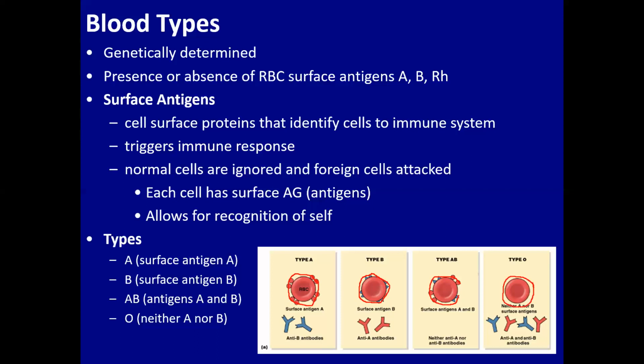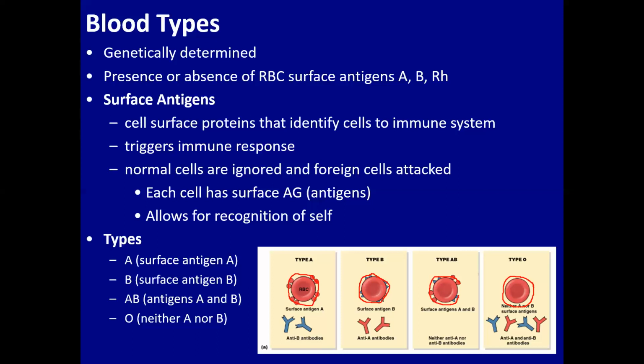All right. So these surface antigens allow for identification to occur so that your immune system can identify what type of surface antigen you have. And if you are exposed to a different type of cell that has a different type of antigen, then this is going to trigger an immune response.